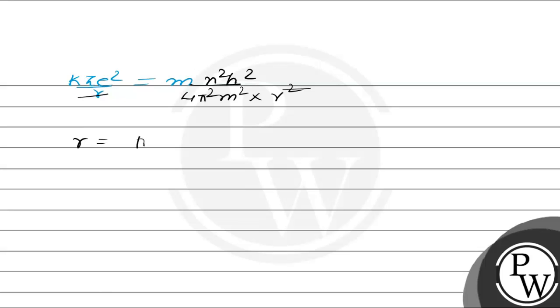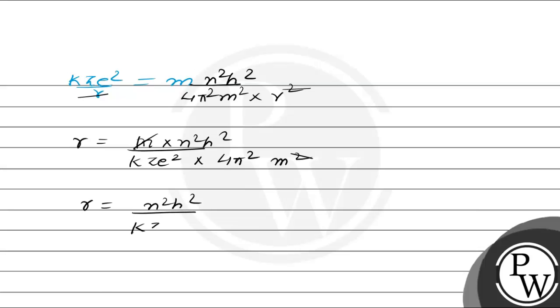So taking r to the numerator, r will be n square h square upon kZe square into 4 pi square m square. So we will be left with n square h square upon kZe square into 4 pi square m.